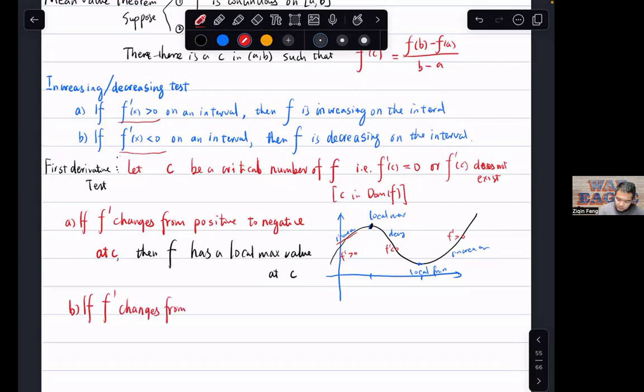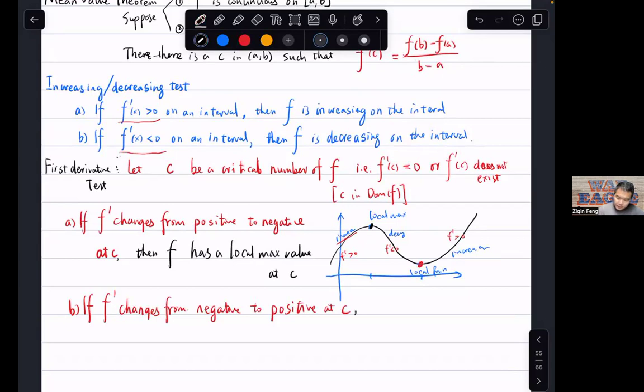The second case here, b, is if f prime changes from negative to positive at c. On the left side, the function value is getting smaller and smaller. On the right side, the function value is getting bigger and bigger, which means the derivative is negative on the left side and positive on the right side of c.